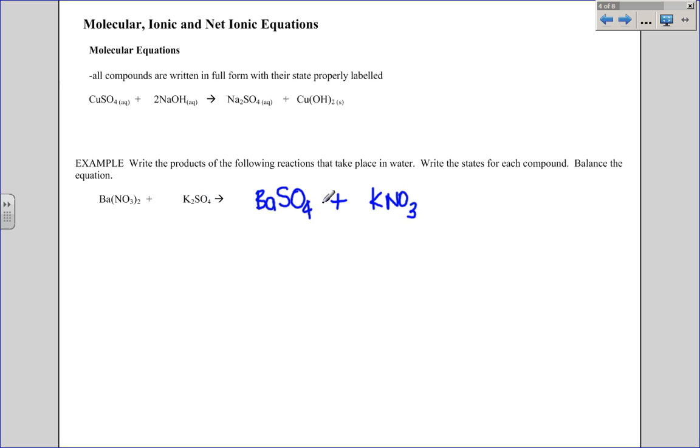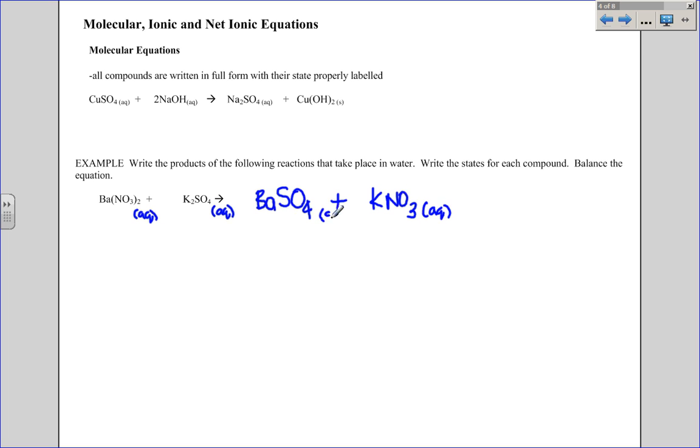Now when we look at the solubility rules, we will see that barium nitrate is soluble because of the nitrate. Potassium sulfate is soluble because of the potassium. Therefore, this one is also going to be soluble by those 2 ions.